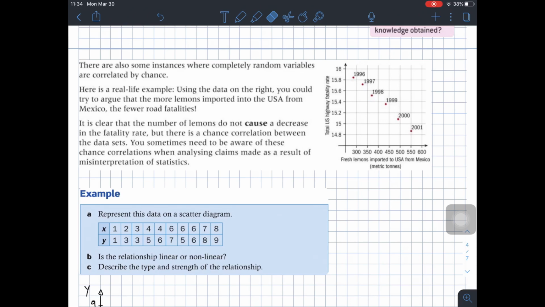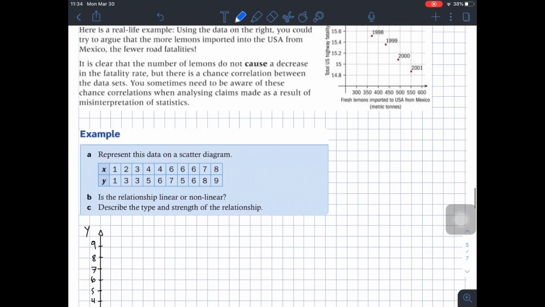This type of statistics is usually used for political issues, right? They try to relate two variables which have nothing to do with each other, but they would sell that information to the newspapers and to other places in order to make people think about these wrong interpretations of information, right?